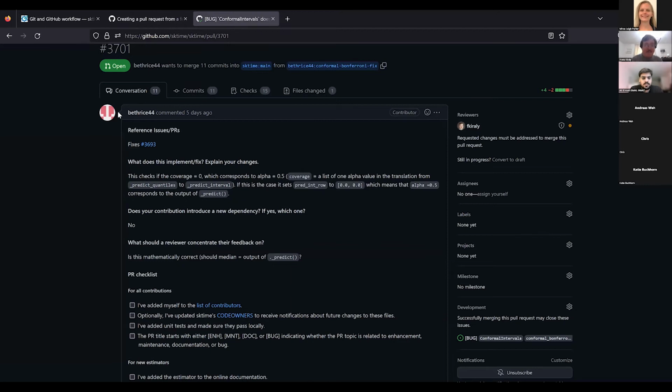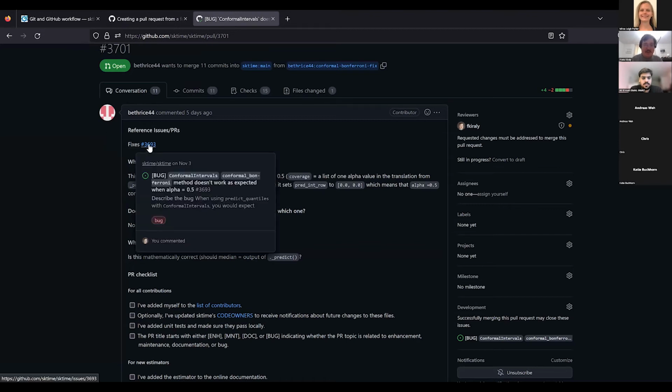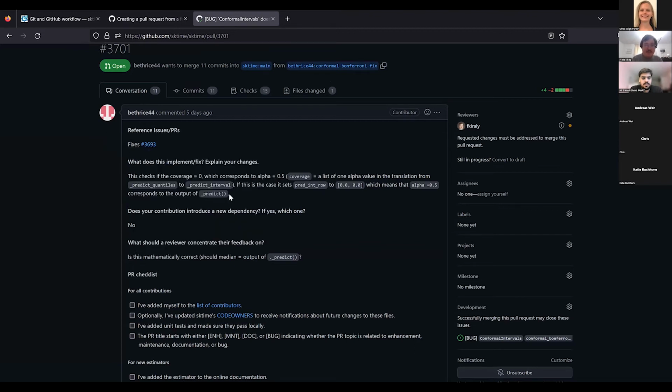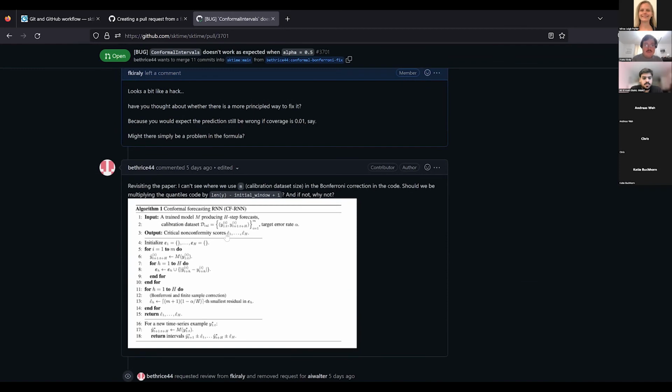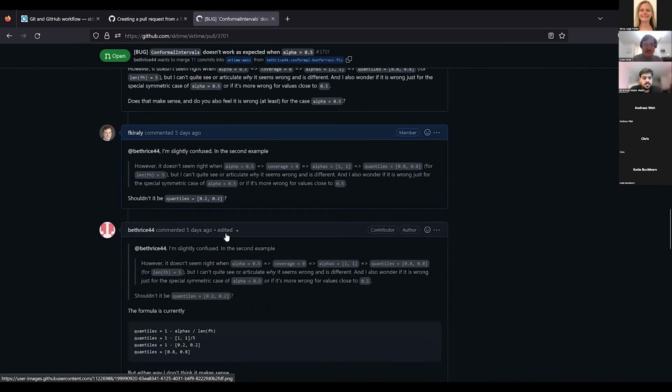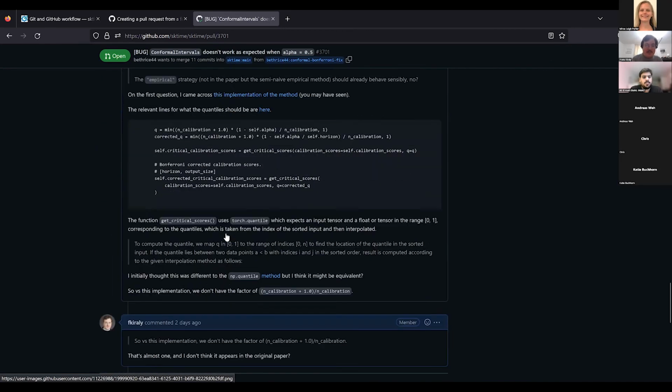Here is a pull request by Beth where she fixes a bug. So she says, okay, I'm fixing this issue, which is a bug report, and this is the way I'm fixing it. Reviewer, please focus on, okay, is this mathematically correct? And then there is a discussion with the developers happening below that.